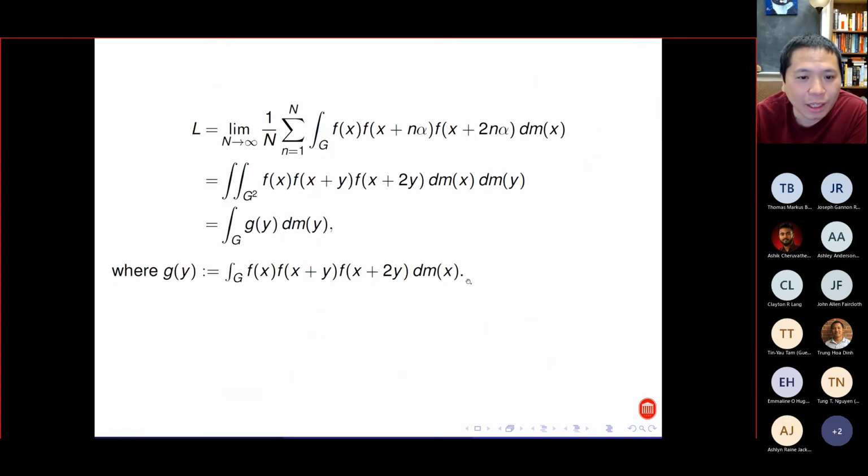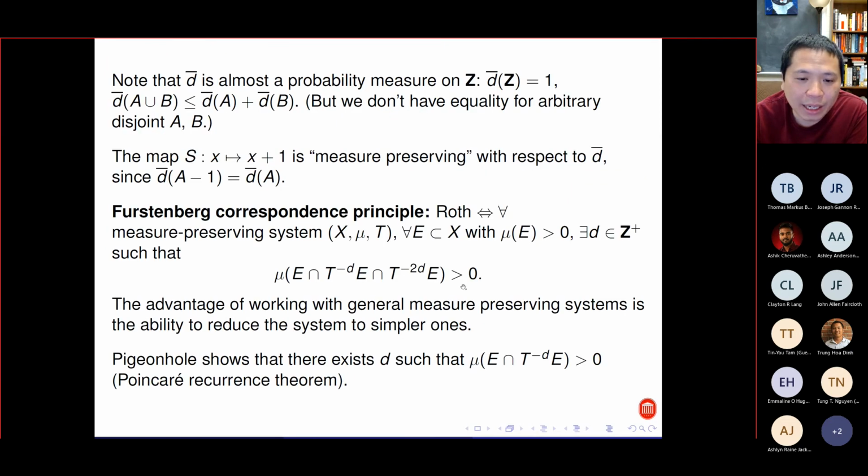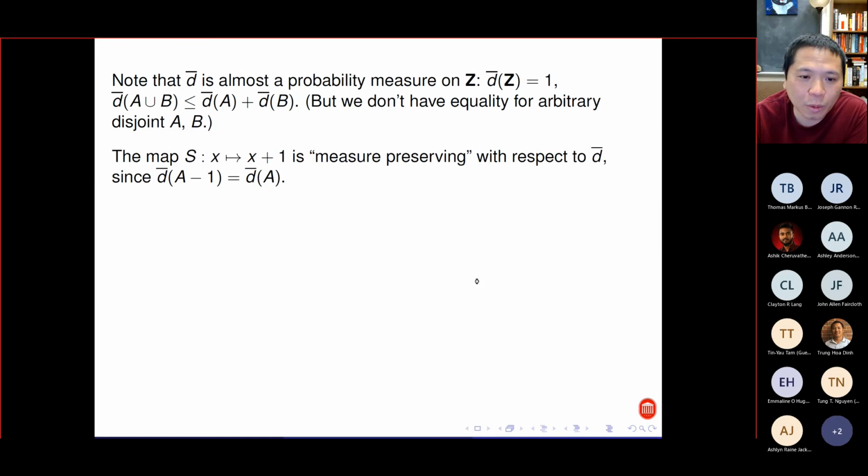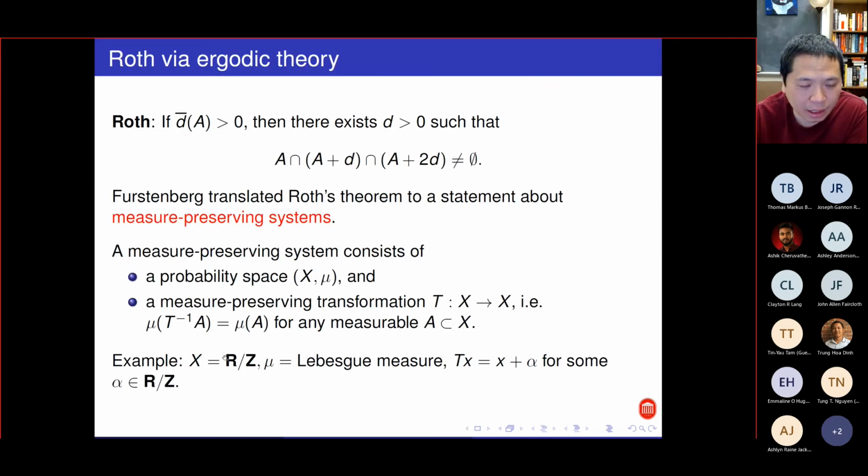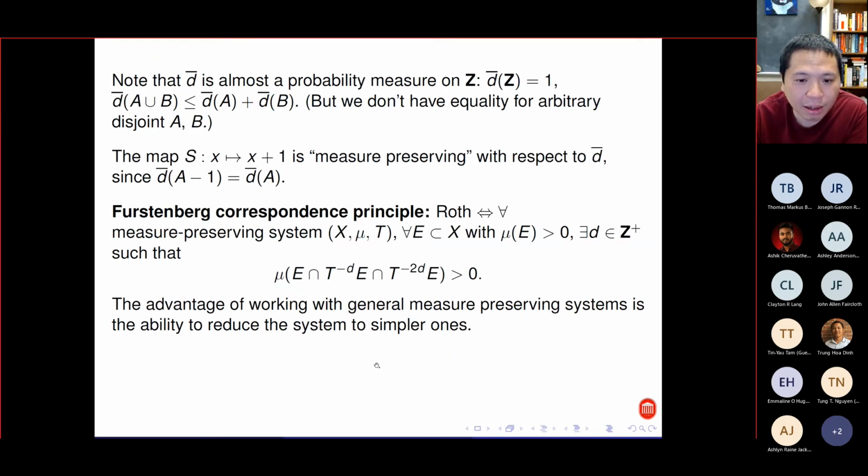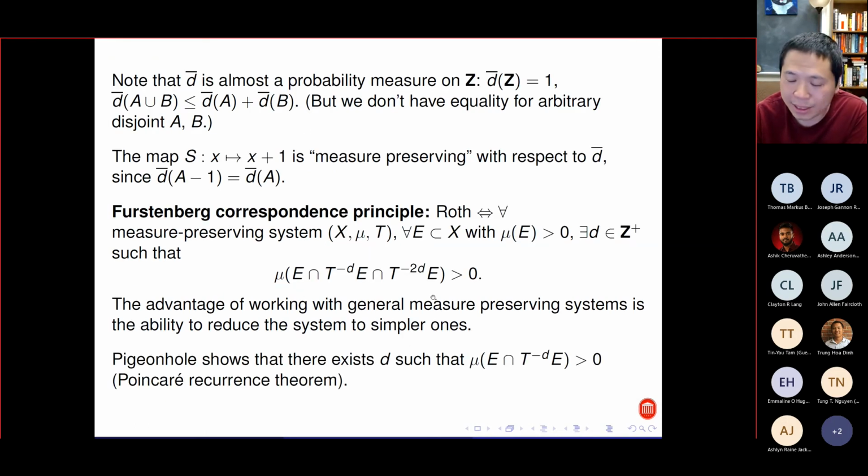If you want to prove this, you can reduce to a nice system, a measure preserving system given by a compact group. Compact groups are very well understood, so we know what these things are, and we can show that it is positive.